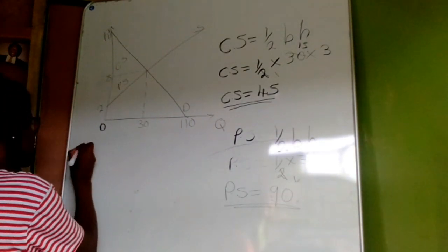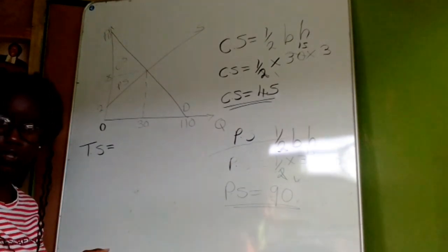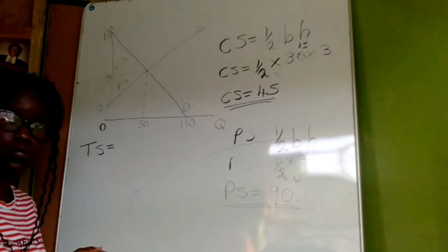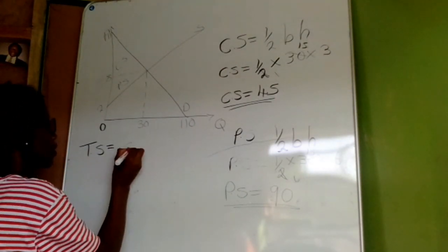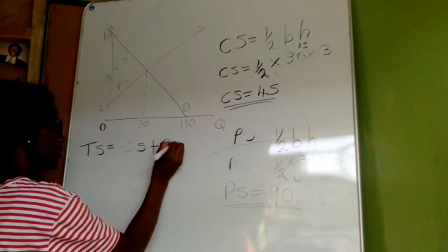And to get our total surplus, which is also known as social surplus. Sometimes they use the word total surplus, they can also use the word social surplus. So total surplus is simply equal to consumer surplus plus producer surplus.